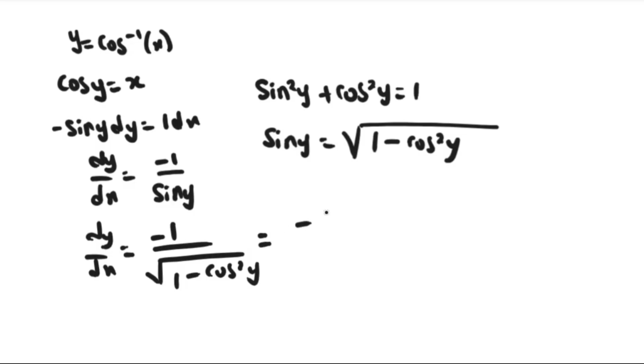Our cos y is x, so therefore cos square y will give us x squared. So dy/dx will give us minus 1 over the square root of 1 minus x squared for the derivative of the cos inverse of x.